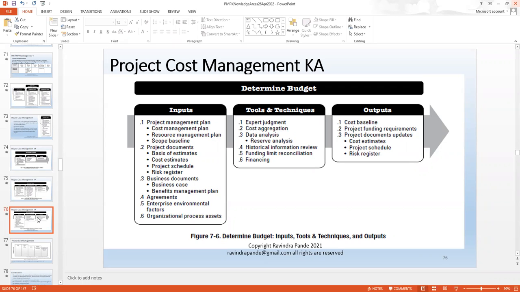So scope, schedule, resource gives me a cost, and I manage this cost within the control parameters given by my organization. That's what we call funding limits, which are given in the quality processes of my organization. And quality processes is the storage where I get all those templates, policies and rule books which I normally follow throughout my project management life cycle. Does anybody have any questions on determine budget as of now?